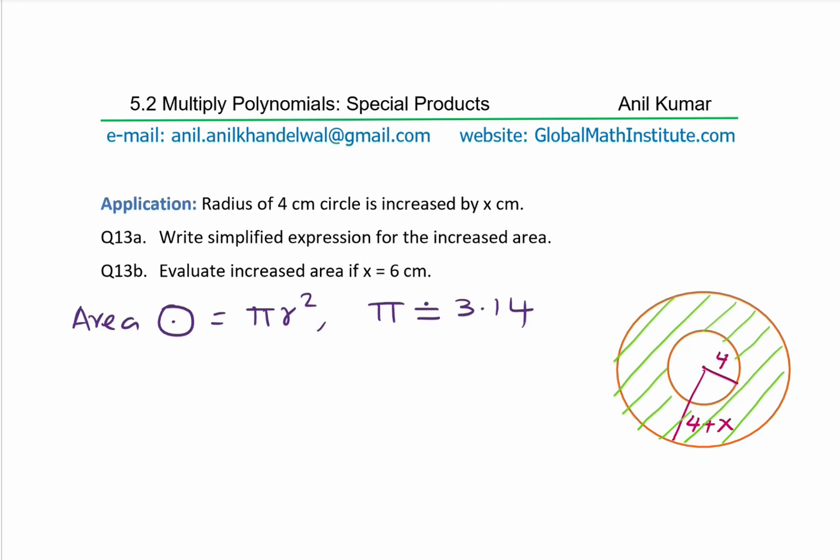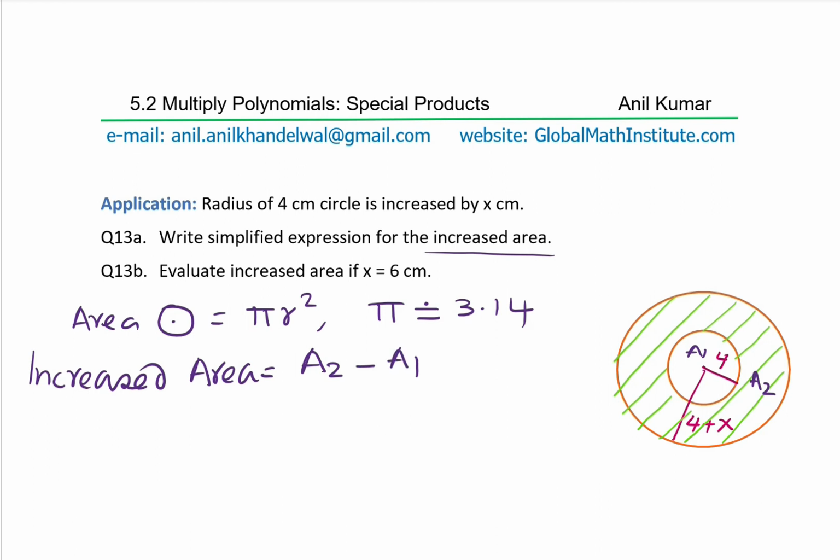Now it says write a simplified expression for increased area. So that means the difference of the two, right? Let's say this is circle C1 with area A1, and the other has area A2. So the increased area will be the difference of the two, A2 minus A1.